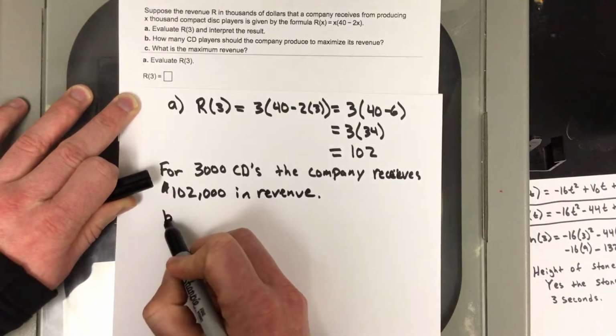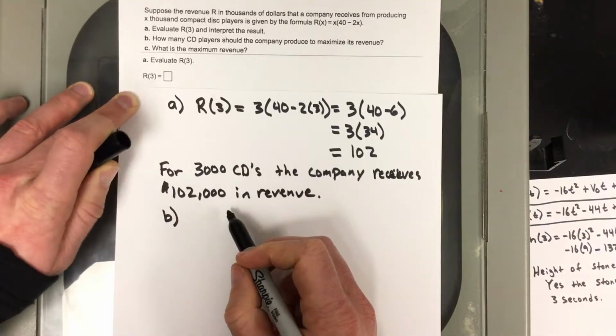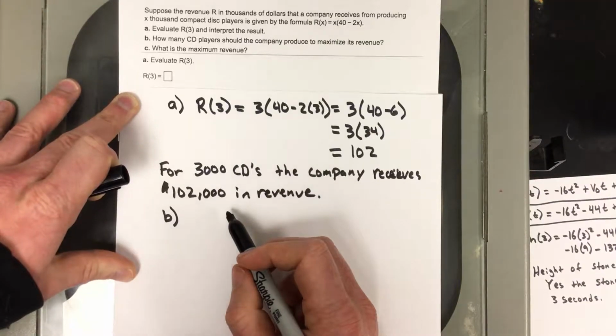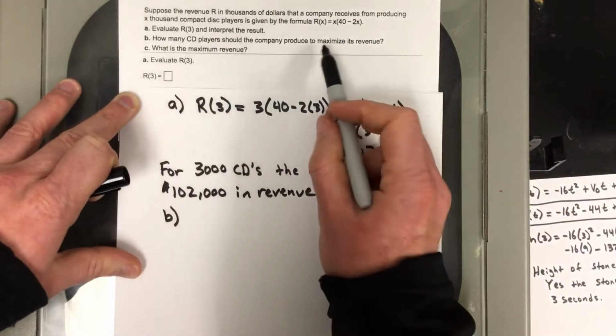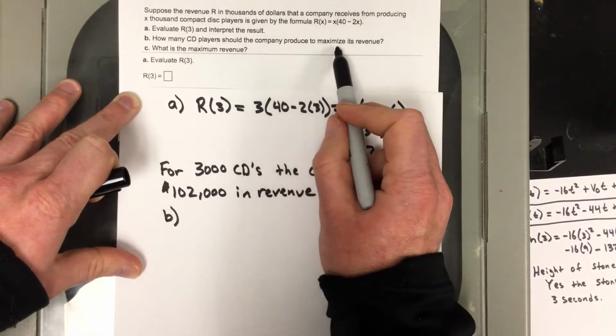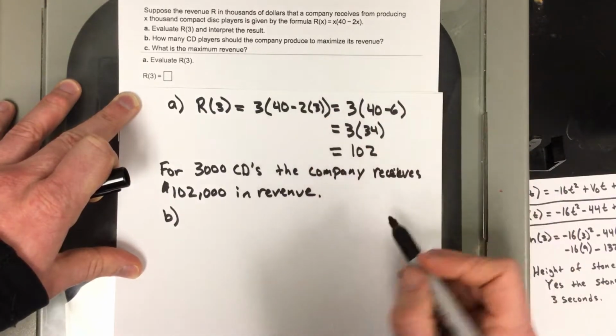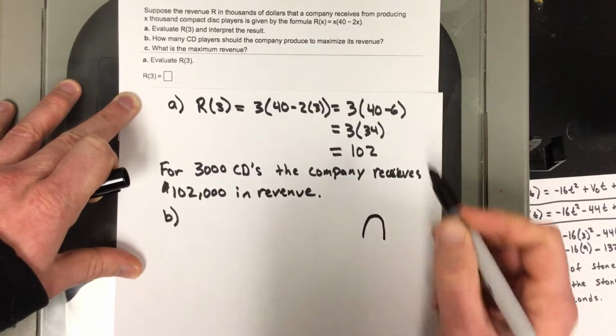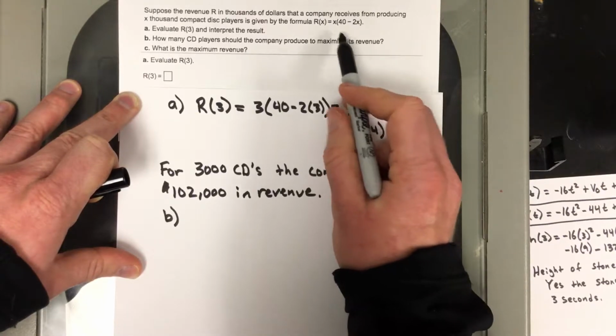Part B. How many CD players should the company produce to maximize its revenue? Remember, maximize, that's just going to be the vertex of a downward facing parabola. So if I want to maximize this, let's take a look.